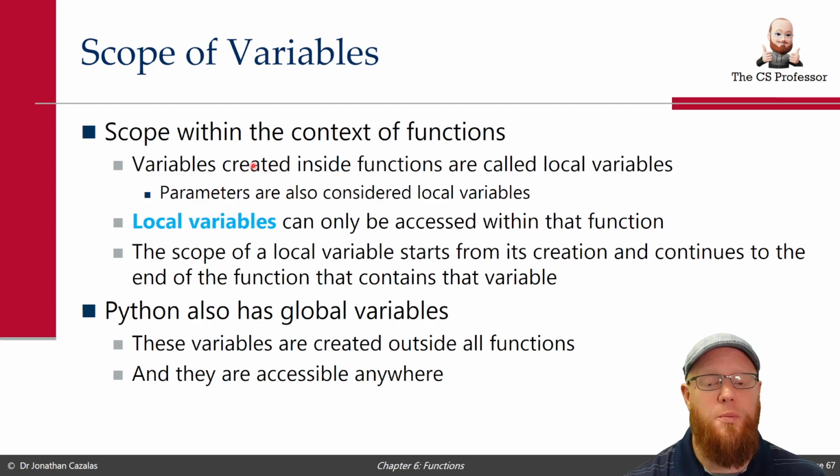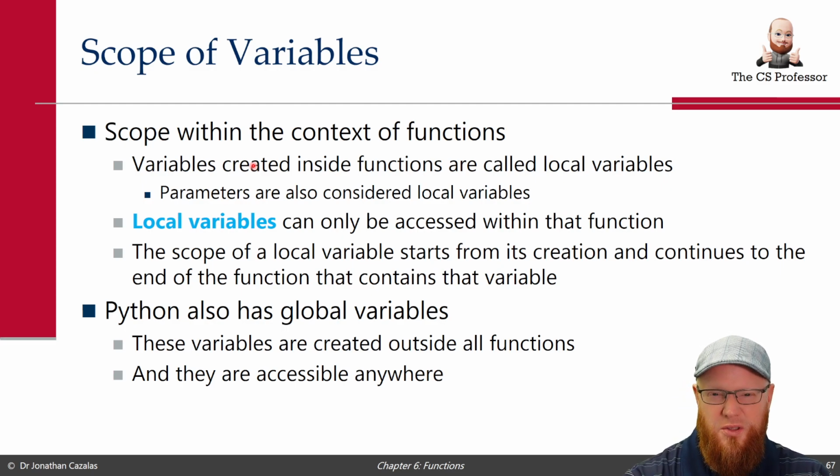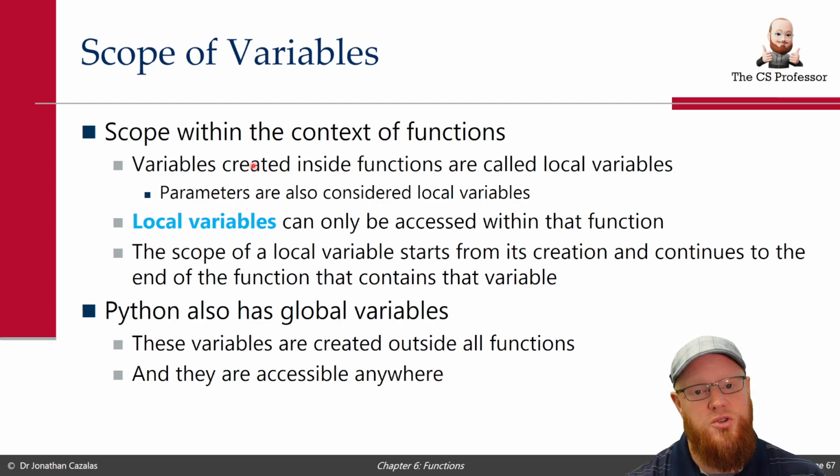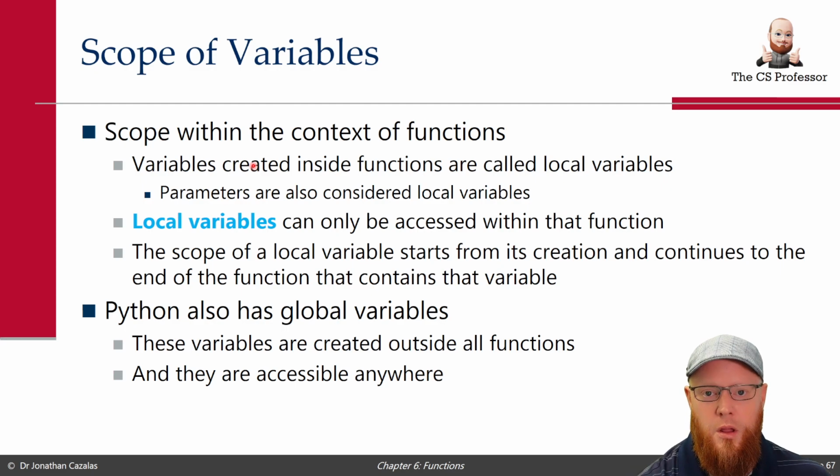Well, those formal parameters are considered local variables. They're local variables that belong specifically to that function in question. Local variables can only be accessed within the function that they are defined in, or within the function that they were sent to, if it was a parameter that was sent to that function.